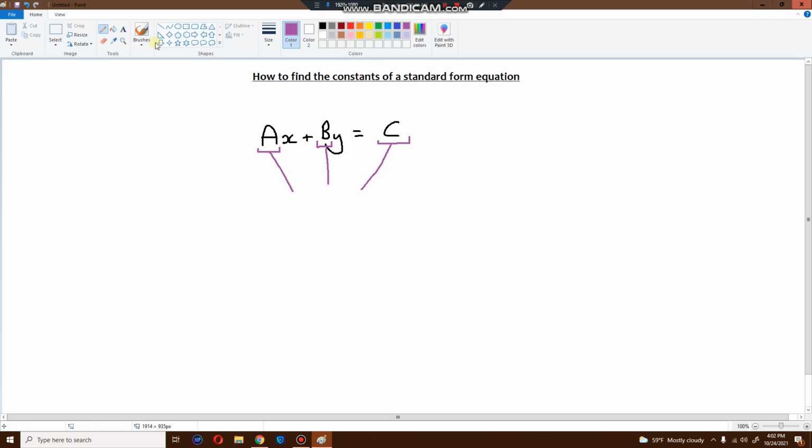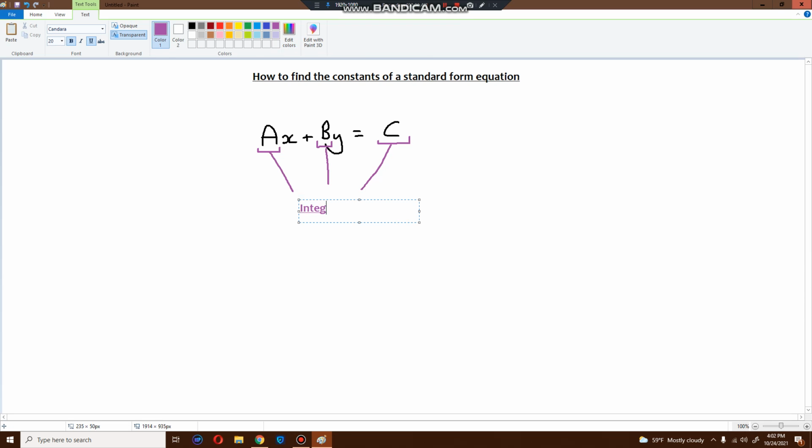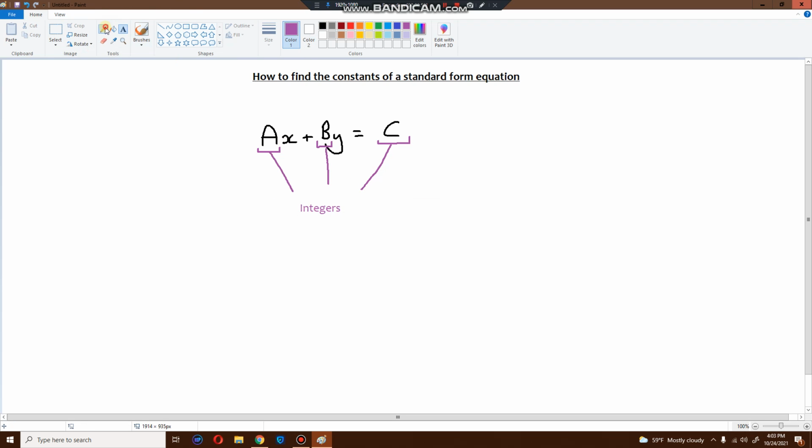One thing you want to remember is that all these numbers have to be integers, okay? And if you remember the definition of integers, an integer is a number which can be negative, like -1, -2, -3, and so on.